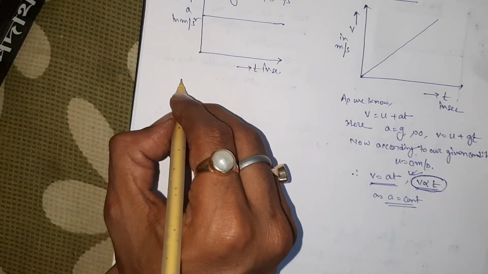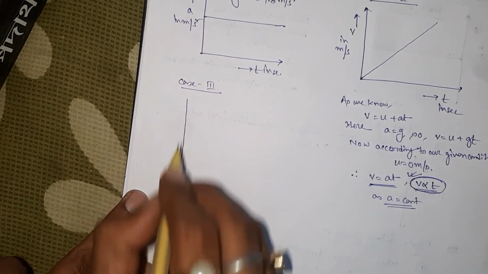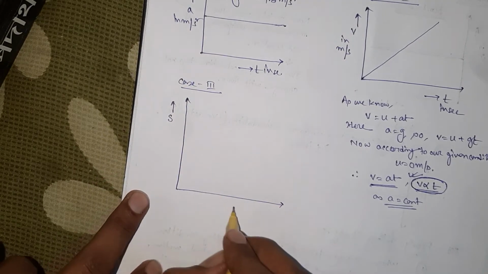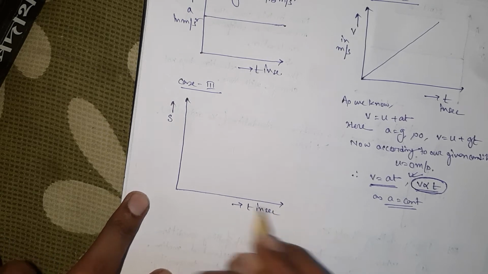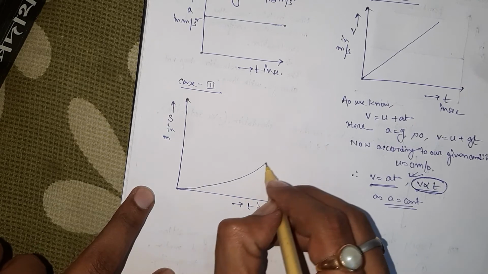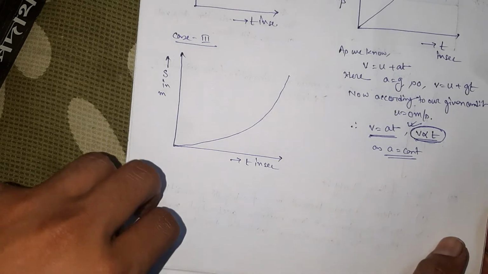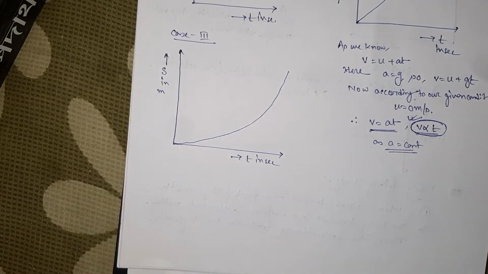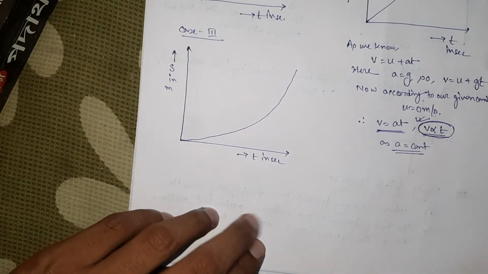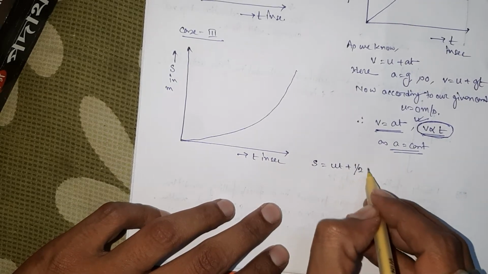Now the case 3, s-t graph, t in second, s in meter. This graph will be non-linear in nature. The graph nature will be like that. Okay. Now why this graph is a non-linear in nature? Again, if you see your part C, then you get a relationship like this: s is equal to ut plus half gt square.